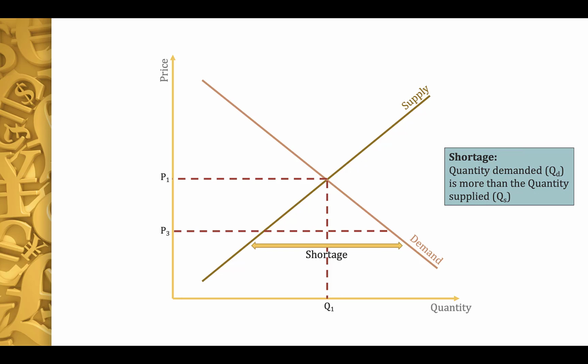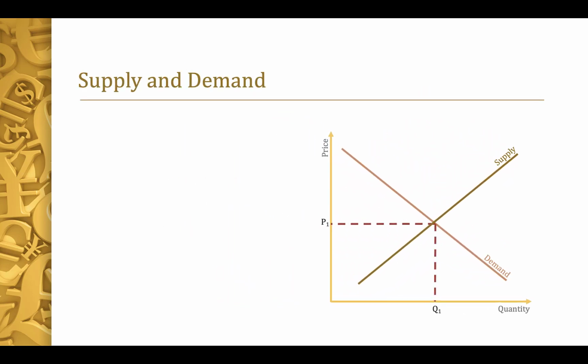A shortage generally signals that the current market price is too low, and that at that price level, total demand by consumers will not be met. In competitive markets, shortages, like surpluses, are unstable, and we generally expect producers to either raise their price or to increase production, or both.